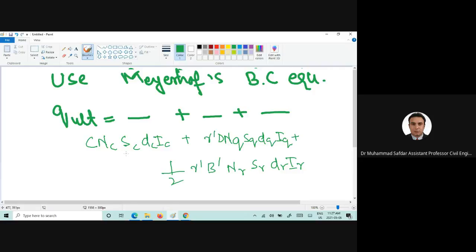Now we have found the shape factors, the depth factors, and the inclination factors. Now please kindly give me the value for the ultimate bearing capacity of this soil.